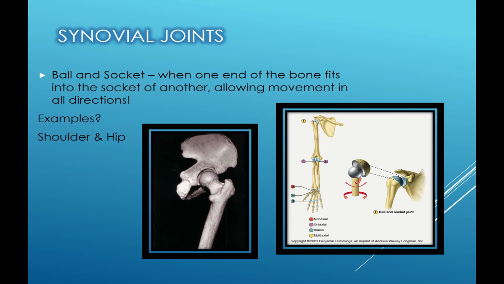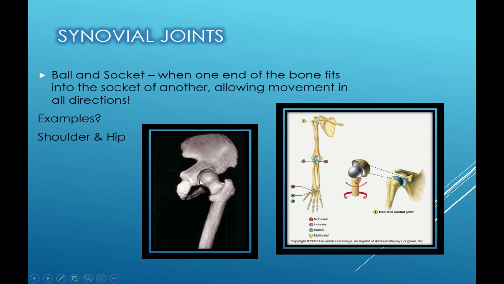The first synovial joint that we're going to focus on is the ball and socket joint. So as the name suggests, this is where the ball of one bone fits into the socket of another. We can see here that this is an example of a ball and socket joint, which is at the hip, and we have the ball of the femur which fits into the socket of the pelvis.